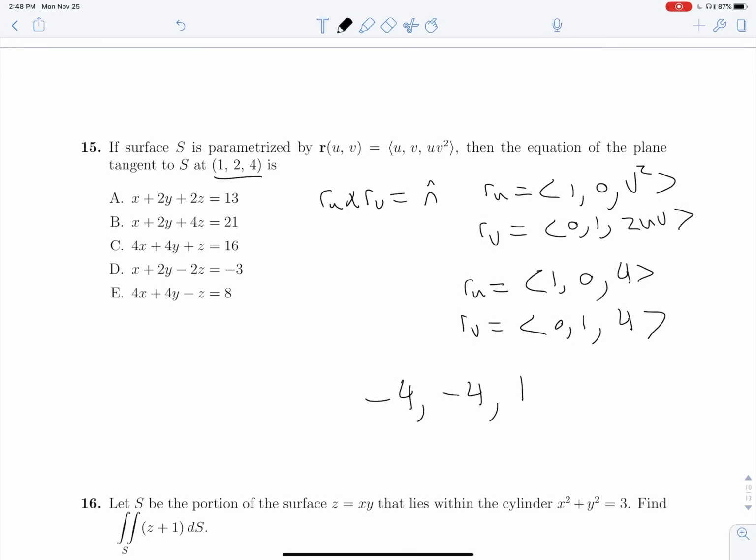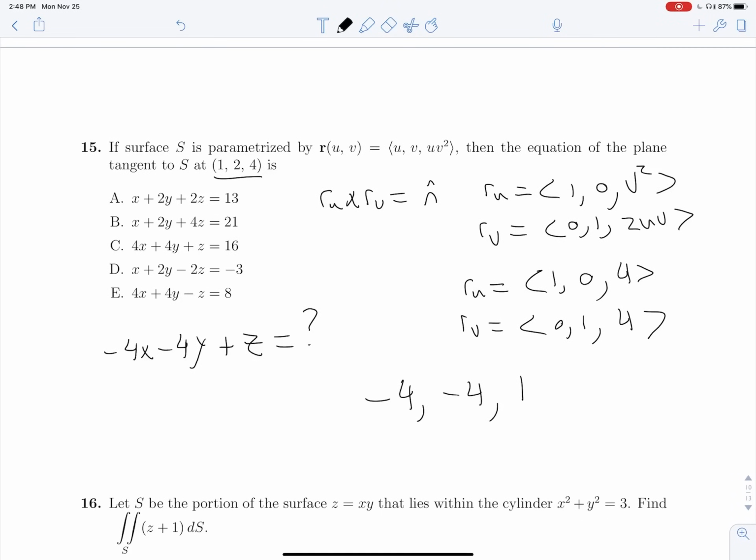So that's perfect, because now we can set up the equation of our plane, which we know to be defined by the normal vector. So we have negative 4x minus 4y plus z, and that's equal to something.